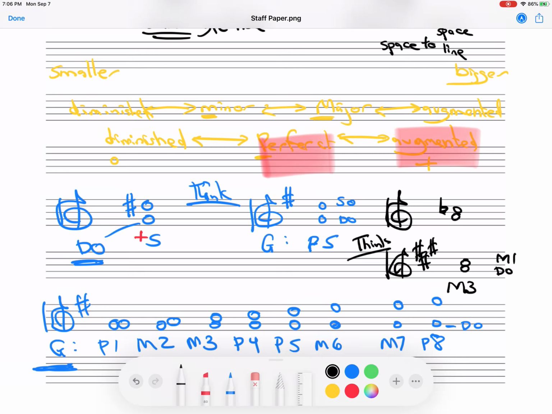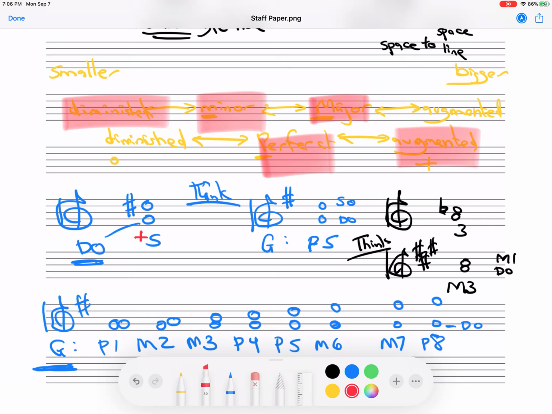Well, here, up above, we know it's a third, but that C sharp on the top, well, it's getting lowered to C, and then it's getting lowered to C flat. So we started from this major third, we lower C sharp to C natural, and then to C flat.